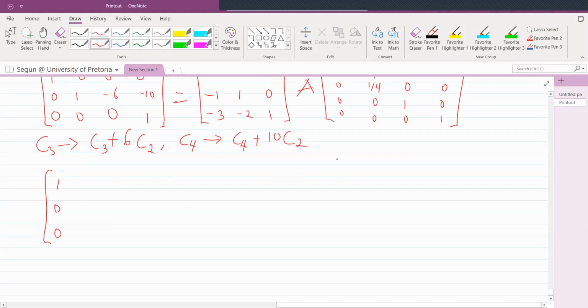Our second column also will remain because it's the one we are using as a multiplier. But the ones we are performing on are column 3, C3, and C4. So let's work on C3.